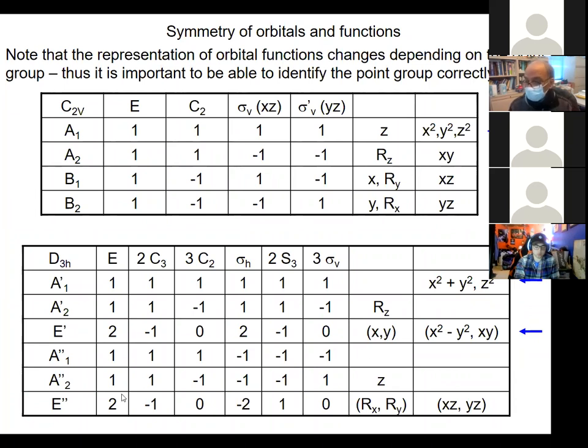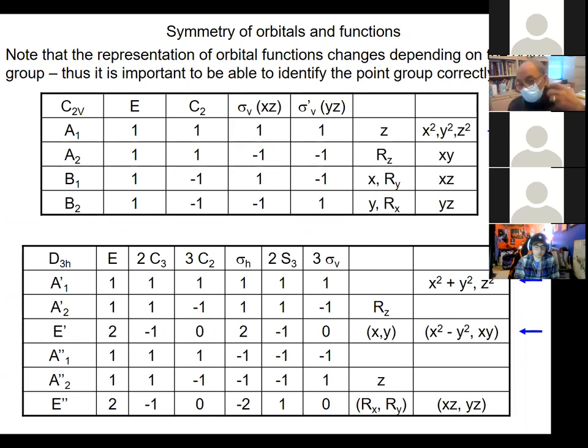You don't see that for A or B's because A and B are freely given as single functions. Similarly, if you look at E prime here, x squared minus y squared and xy, they act like pairs. So in other words, this is a doubly degenerate level.